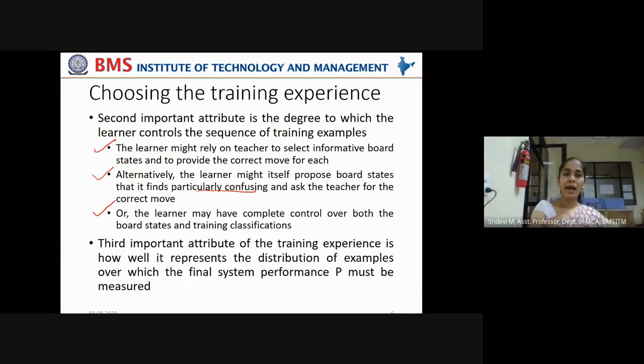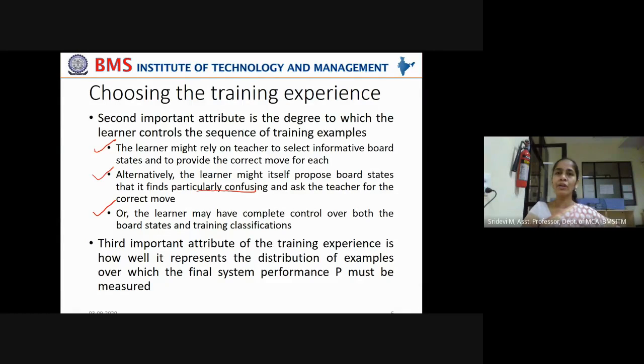And last, the learner may have complete control over both the board states and the training classifications. This happens when the system is playing against itself. Meaning the system is trying to gain experience by playing against itself.